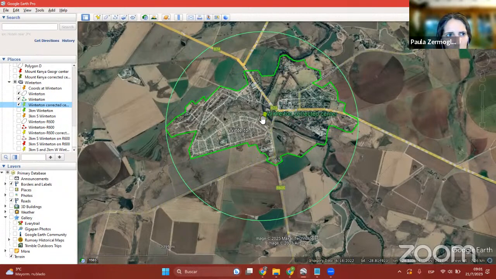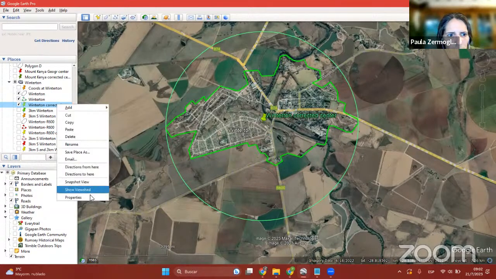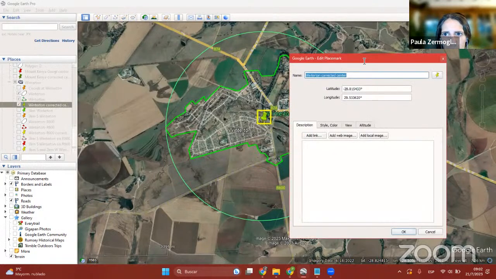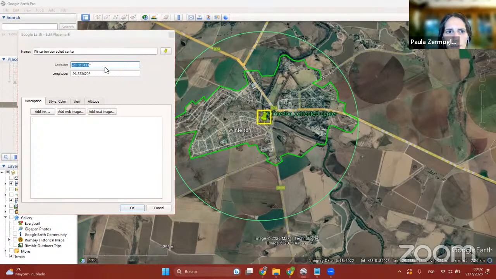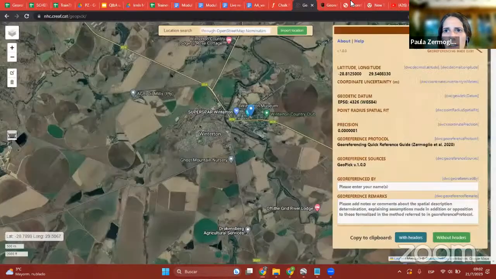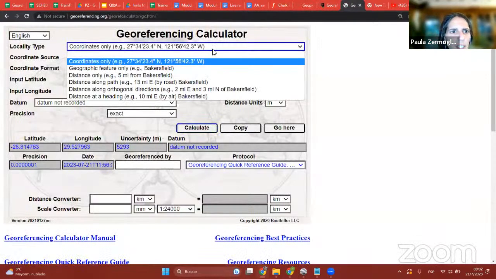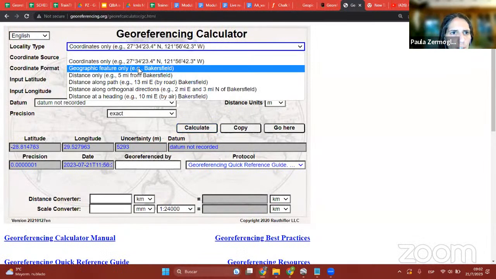So the corrected center, if you look at the coordinates, is this one. So latitude and longitude. I'm going to paste that into the calculator. So let's go to the calculator. We have here feature, geographic feature only.